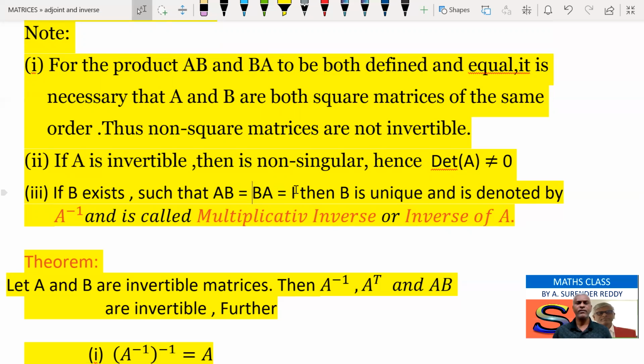Then B is unique and is denoted by A to the power -1, read as A inverse, that is the multiplicative inverse or inverse of A.